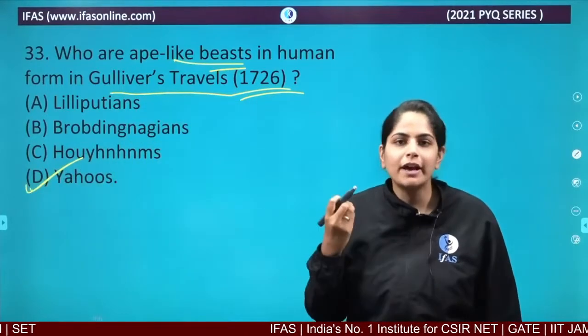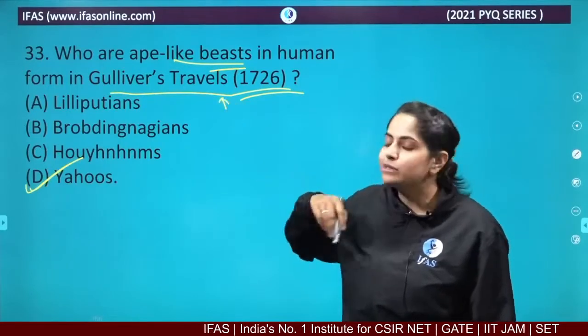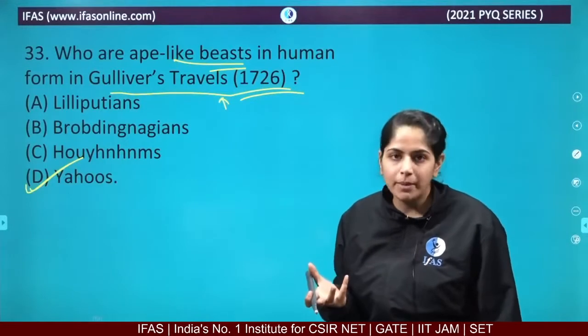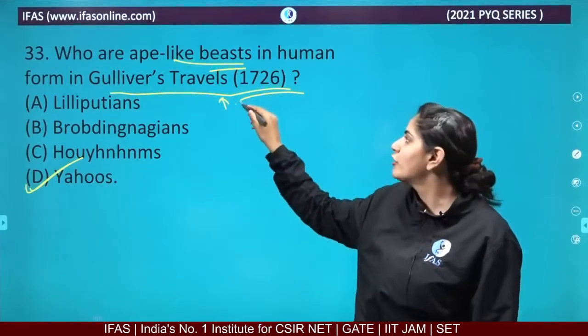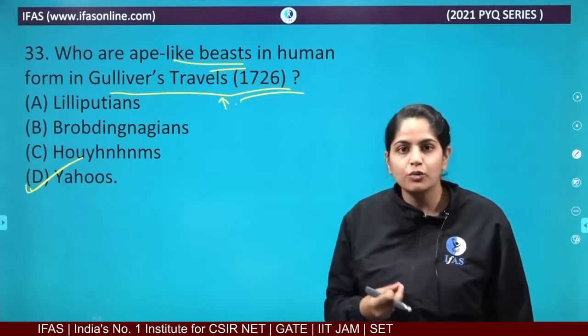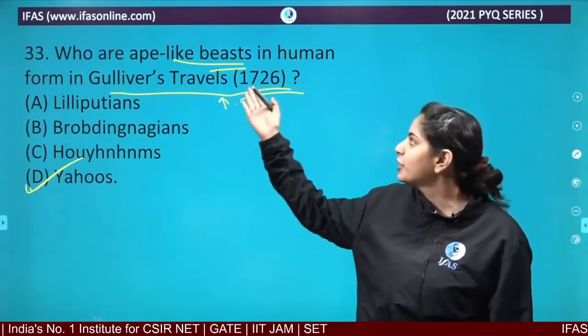You might have also seen the movie on Gulliver's Travels. There is one more movie in Indian cinema, Jajantaram Mamantaram, that is based on this novel. If you have not watched that movie, go watch it so that you will understand the concept of Gulliver's Travels.